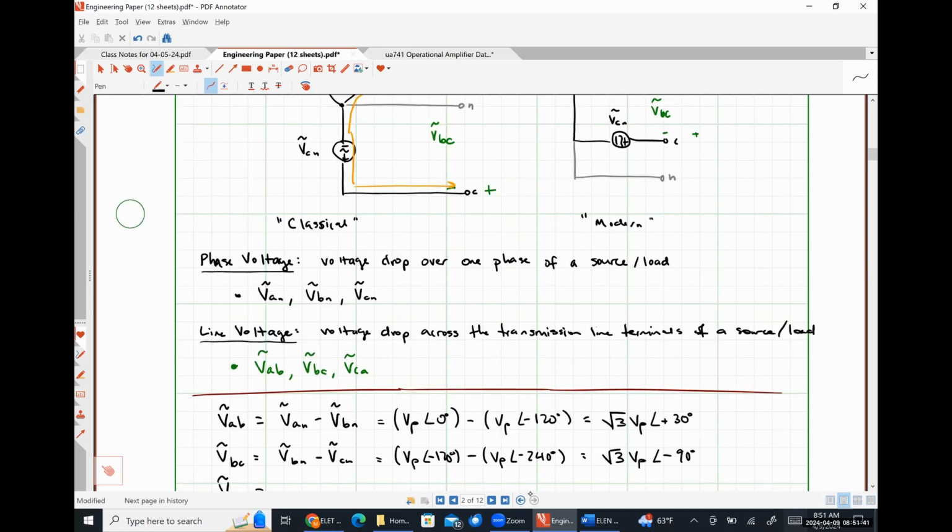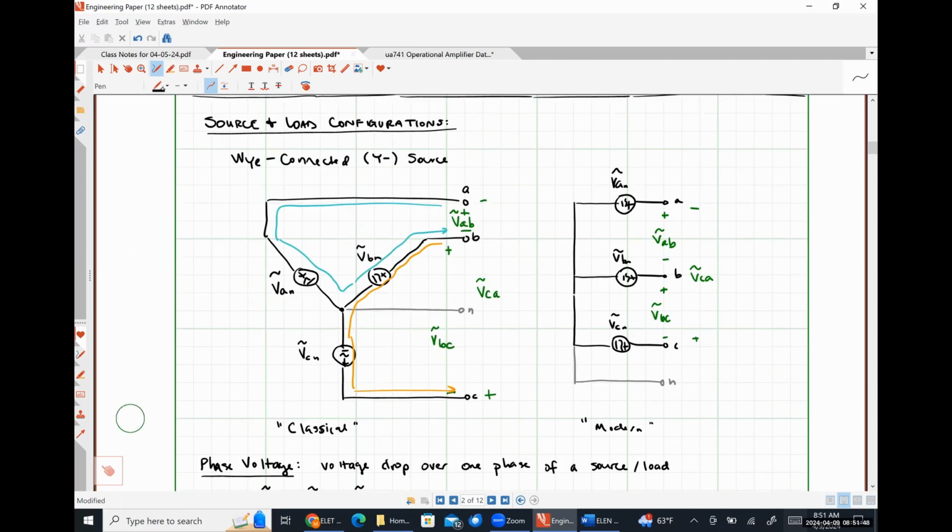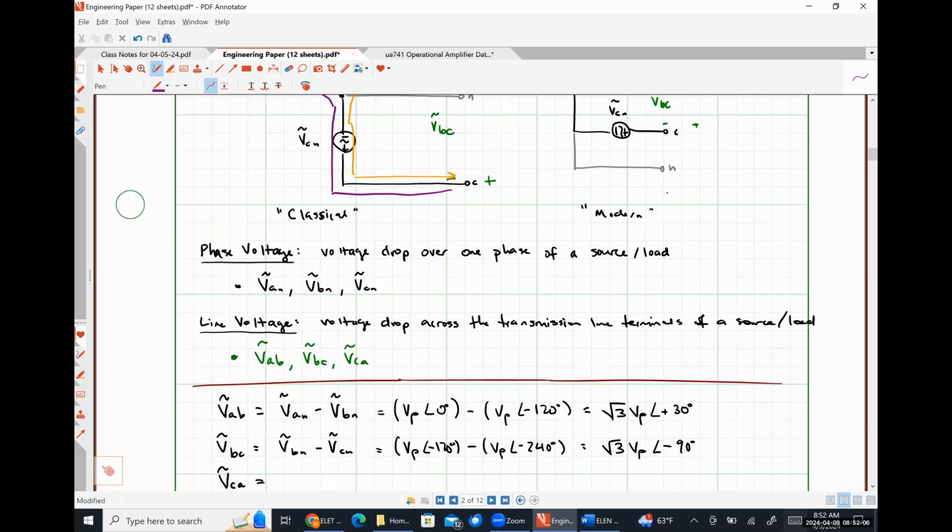Well, by expressing VCA where the positive polarity terminal is on bottom and the negative polarity terminal is on top, effectively we're doing Kirchhoff's voltage law around this path. So we're going to start here. We're going to see the positive polarity terminal of VCN first. Then we're going to see the negative polarity terminal of VAN, like so.